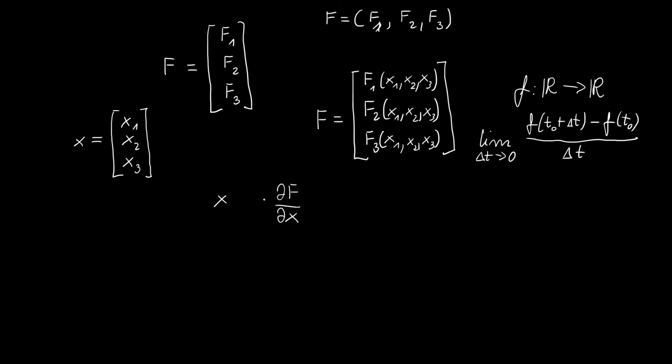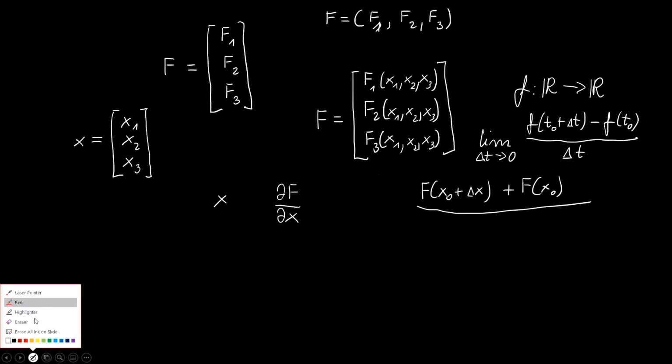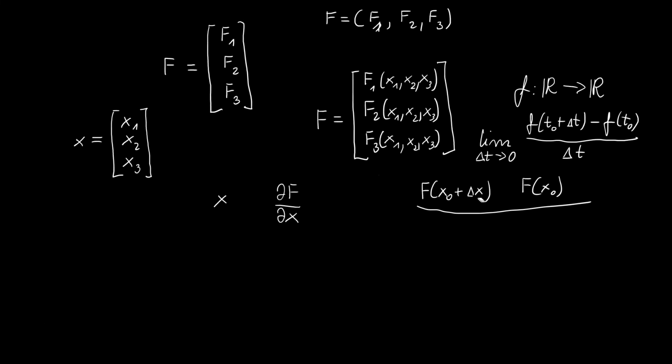This is a derivative of function f at point t0. But we can't do exactly the same operation, because we don't know what it means, and it doesn't have any good definition. It's not plus but minus.